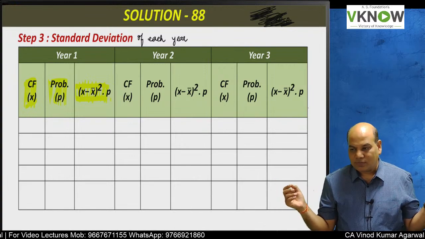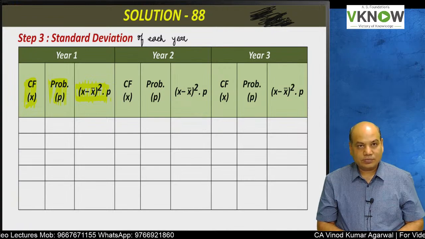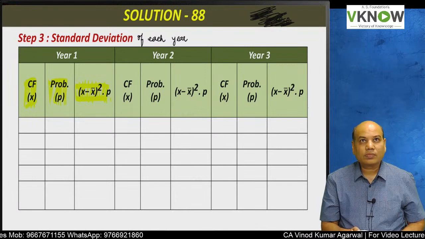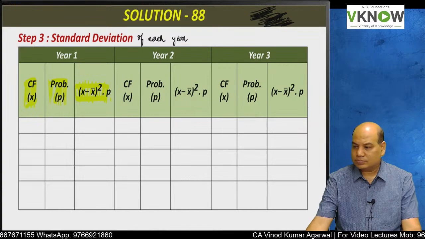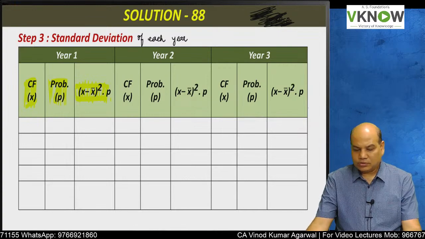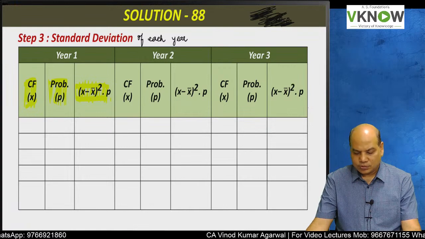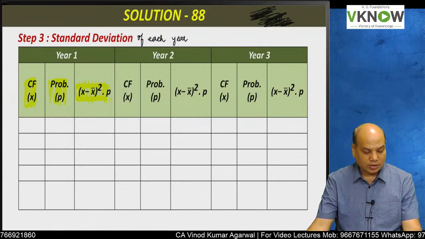Please solve yourself. Calculation of standard deviation of each year: cash flow, probability, x minus x bar square, into probability.